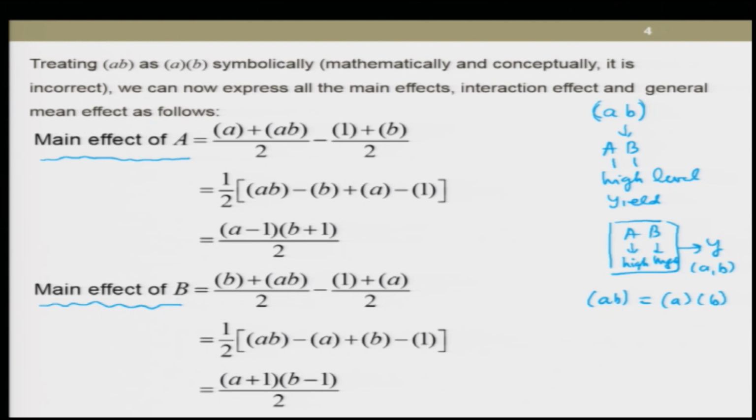And you may recall from the earlier lecture that this expression was found like this. Now what I am trying to do is simply write this ab as if it is a mathematical expression. So I can write this expression as a plus ab minus 1 minus b, divided by 2.